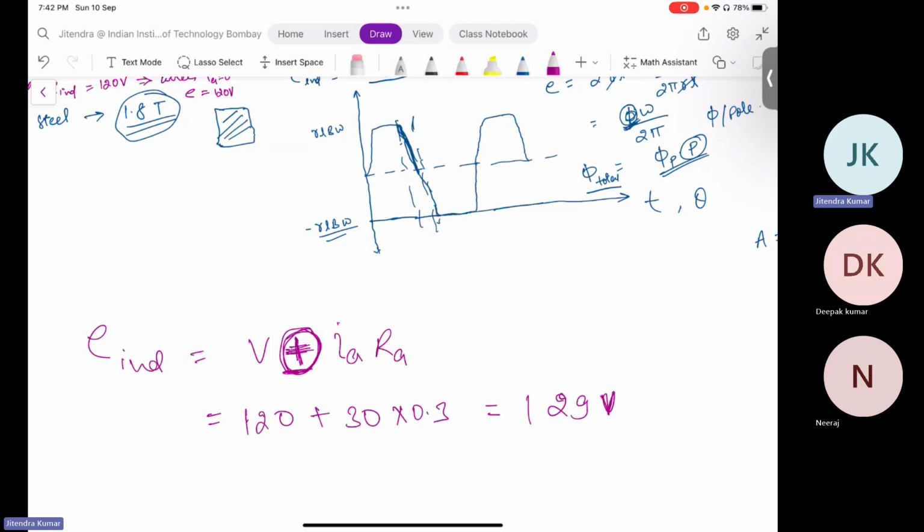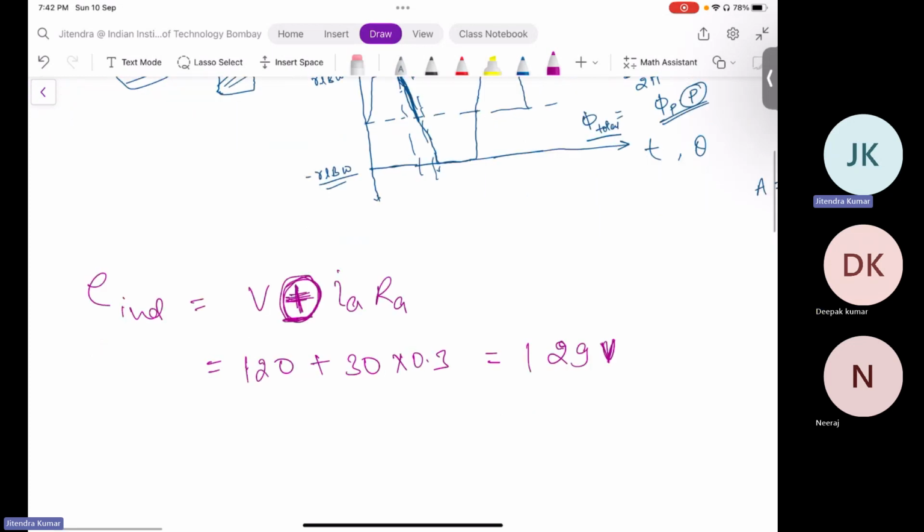Okay, so 129 volt is there. And what will happen to speed? Now it's very interesting. We know the constant, right? EMF is equal to 2 by pi omega.